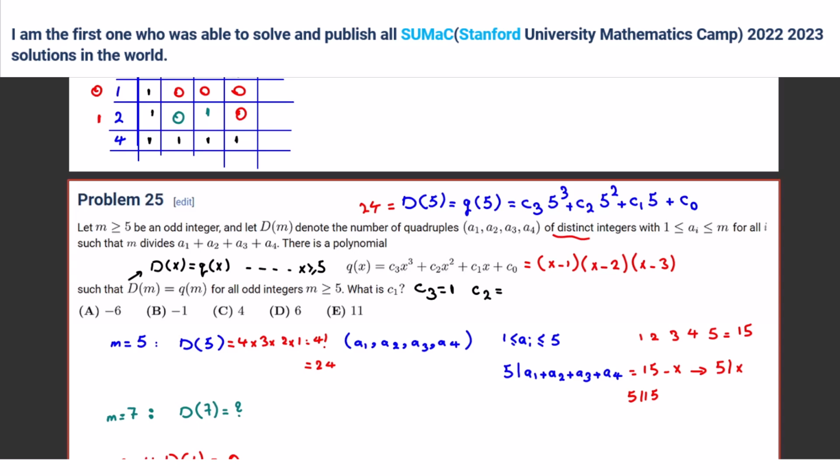No, you have a careless mistake. The thing you found is C1, not C2, because when you say 1 times 2 times x, 3 times 2 times x, you found the coefficient of x. So the answer is 11. Also, we can find C0, which is negative 6. And C2 is what? Negative 6. Exactly. Okay, do you understand completely how we solve this? Yeah, I did.